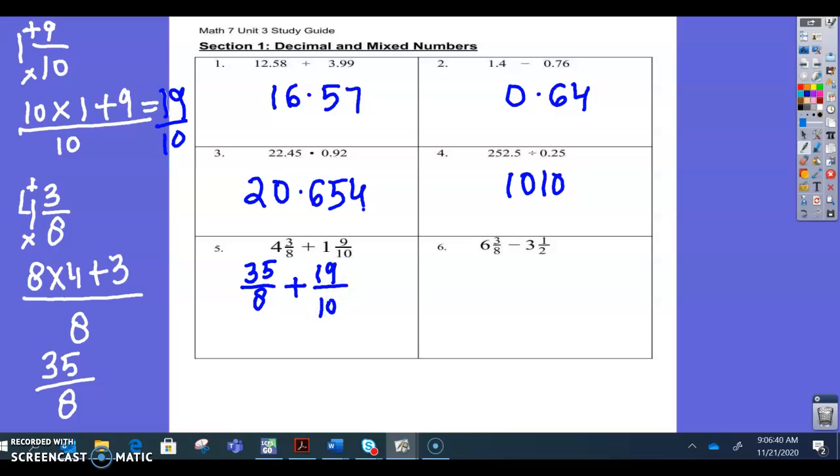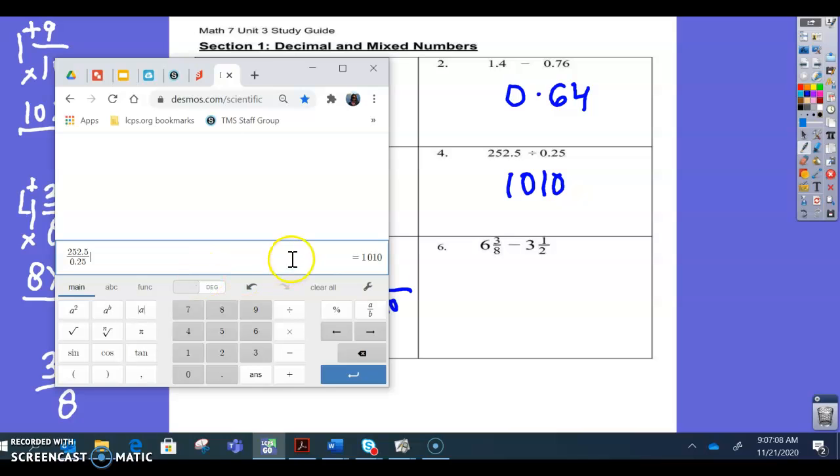And if you remember, if we have different denominators, then we need to use the butterfly method. So I'm going to use my butterfly method, and I will multiply these first. So 8 times 10 is 80. 10 times 35, and I'm going to use my calculator because why not?